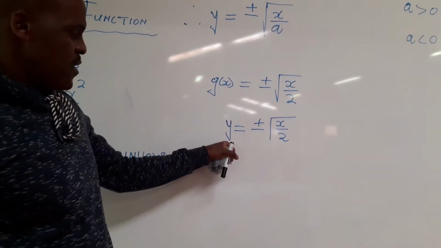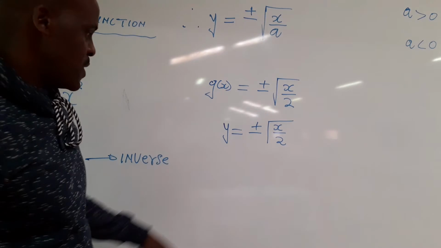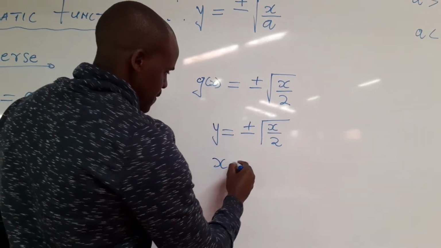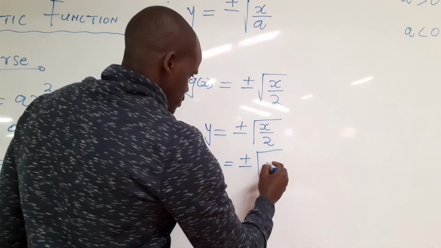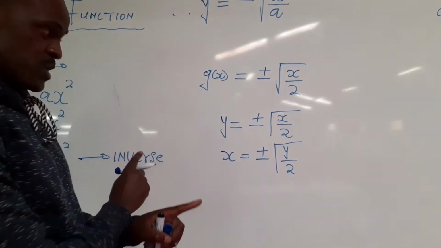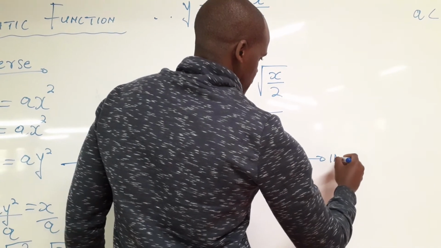And then from there, remember, we swap the points. This will be x equals plus or minus square root of y over 2. We are swapping the points. This is the inverse.